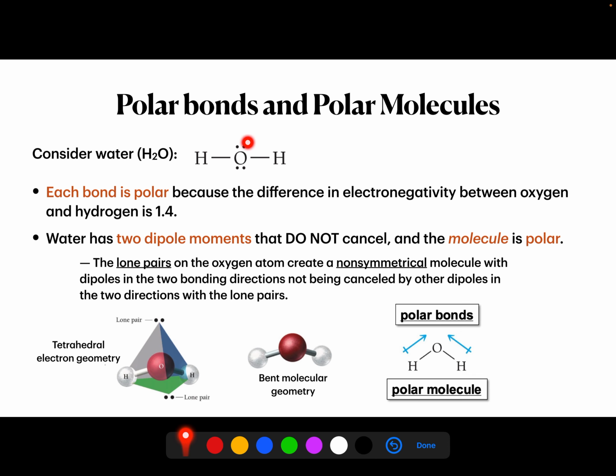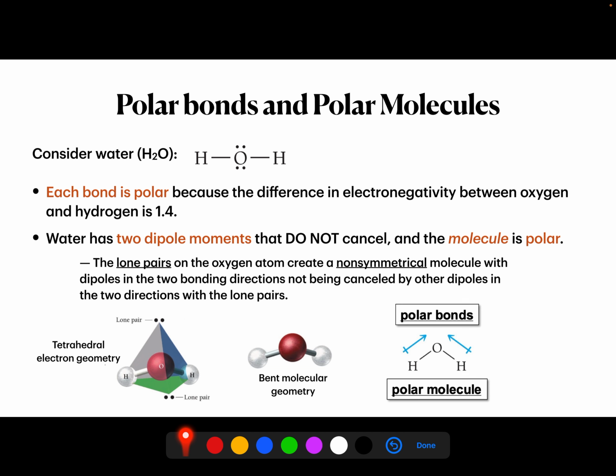It actually has 4 electron groups, which gives it a tetrahedral electron geometry. But because it has the 2 lone pairs, it ends up in a bent molecular geometry.